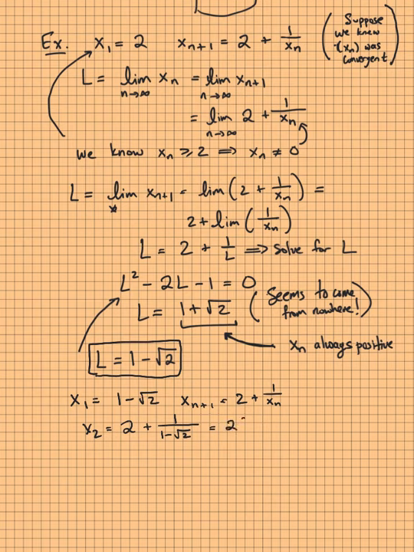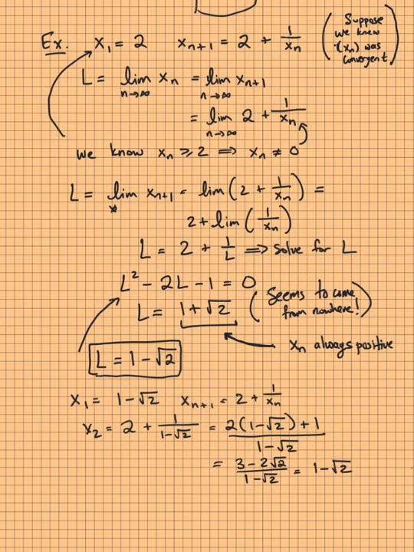So this is 2 times 1 minus square root of 2 plus 1, all over 1 minus square root of 2. This is 3 minus 2 square roots of 2 over 1 minus square root of 2, which happens to be 1 minus the square root of 2.